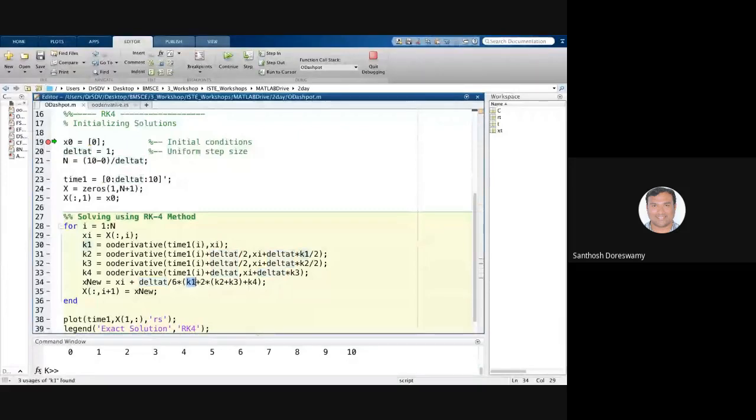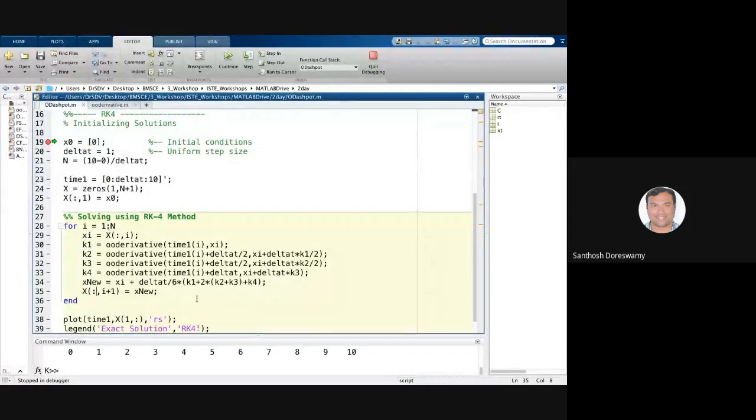Once I get this x new, I have stepped through in time for one delta t step, and I store that value in another variable, capital X. So for one iteration, as discussed for the loop, you estimate the value of x. For the next iteration, you will have a different time step, given by time 1 of i, so time 1 will step through 2 times delta t, and the loop will run.